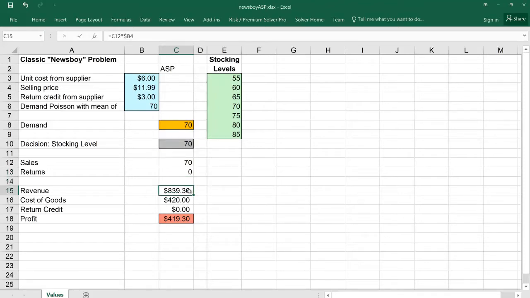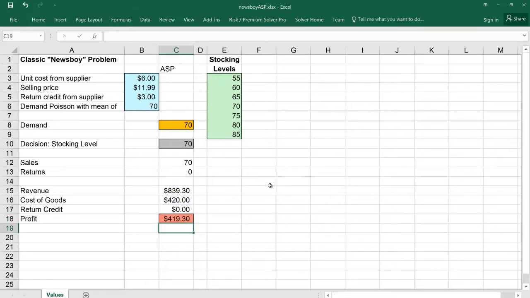The revenue is based on the number of units sold times the selling price. The cost of the goods is the stocking level, the number of units that he bought, times the cost from the supplier. Return credit in this case is 0 because there are no extra units at the end of the day. And then finally we have the profit.